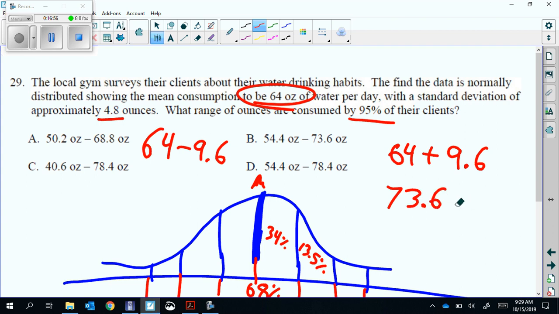So 73.6 is the top end. And then subtracting 9.6 would be 54.4 on the bottom end, which is B. But you need to know the percentages broken down for normal distributions.